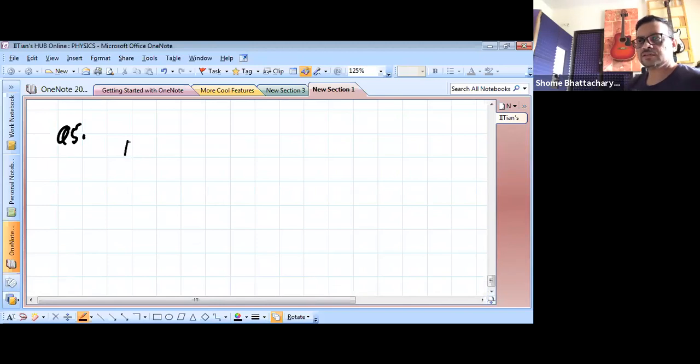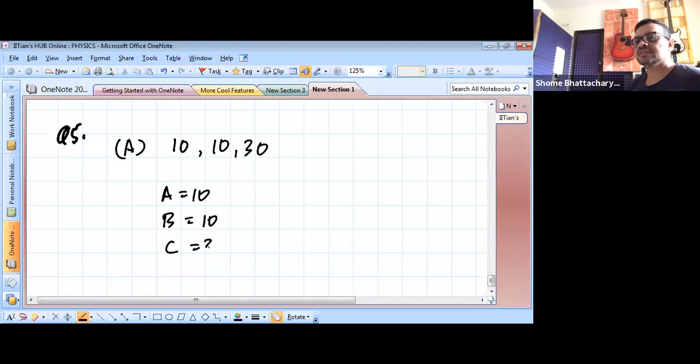So in A option, we have vectors of magnitude 10 newtons, 10 newtons, and 30 newtons. So basically, suppose magnitude of A is 10, magnitude of B is 10, and magnitude of C is 30.